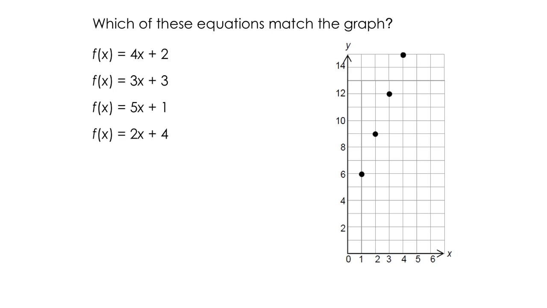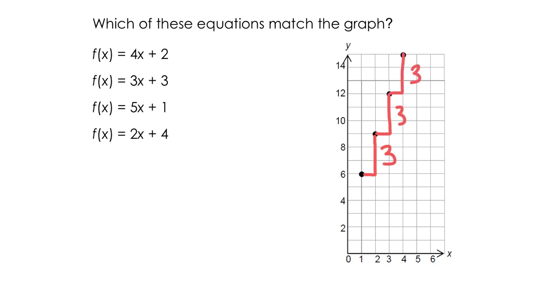So here's an example of a function that I've put ordered pairs on the graph of, and I want to figure out which of these equations will model the function. So I can use that idea of what is the gap to figure this out. If I look at from one point to the next, I'm going up 3 every time.